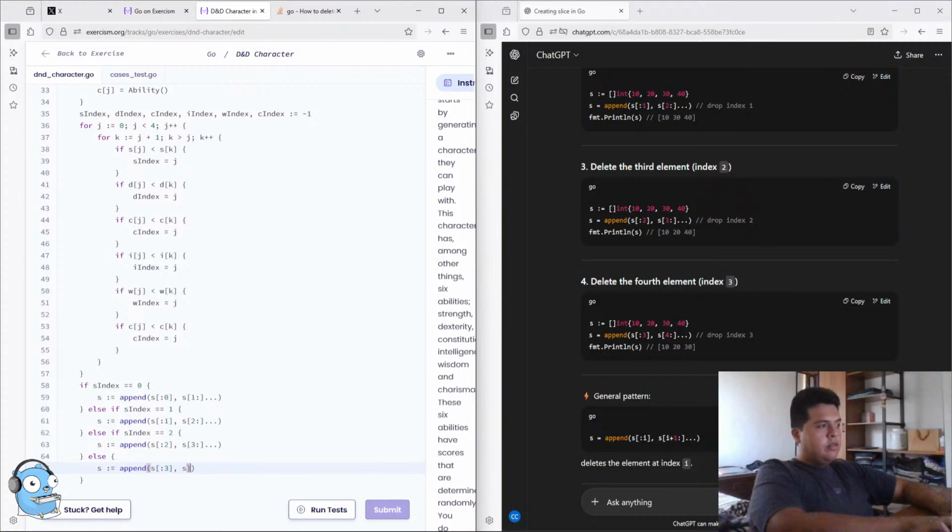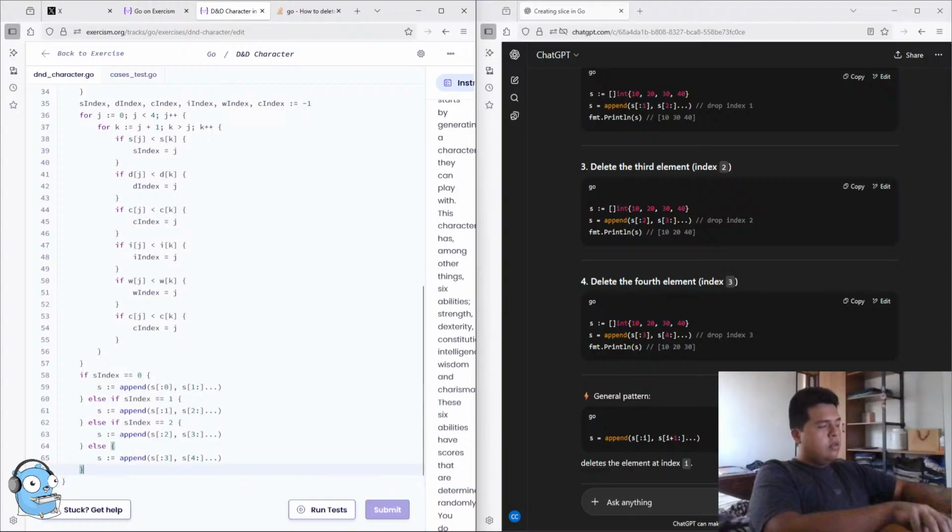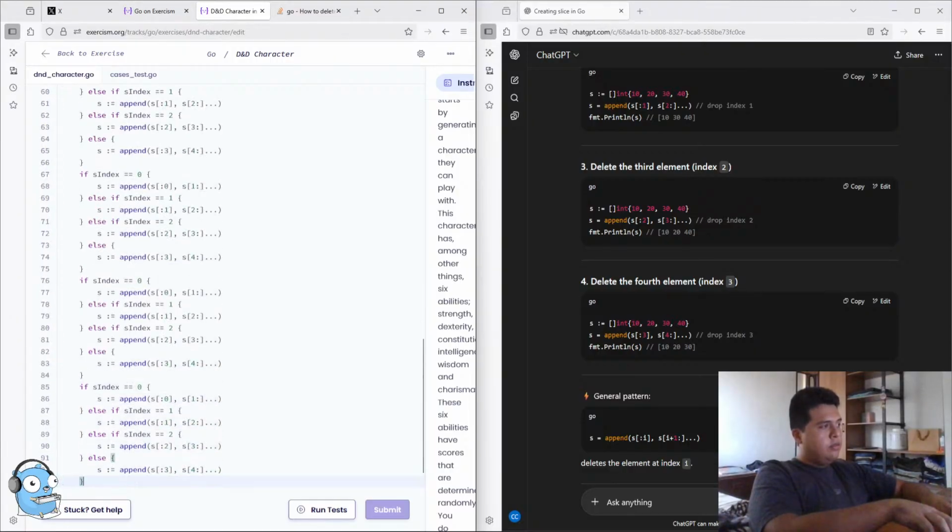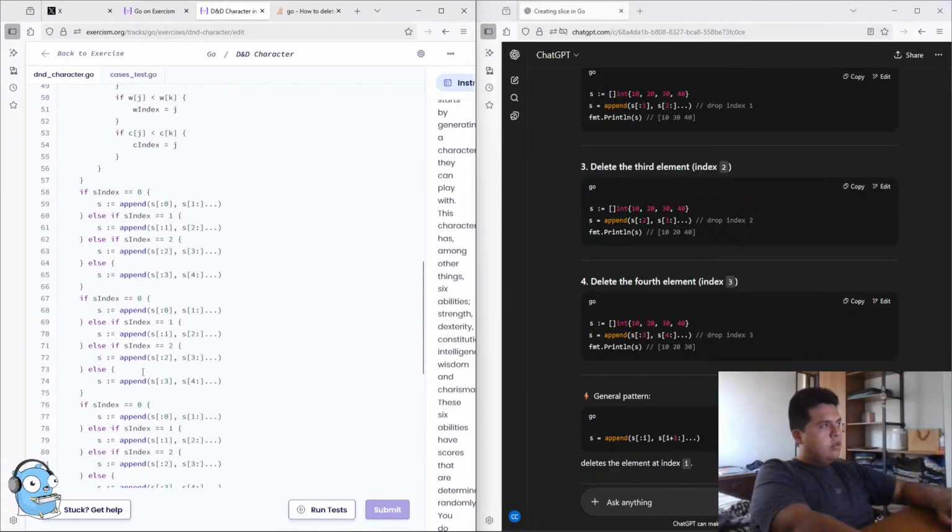The third one is... and the same thing for the other 3, 4, 5, 6. S index d.